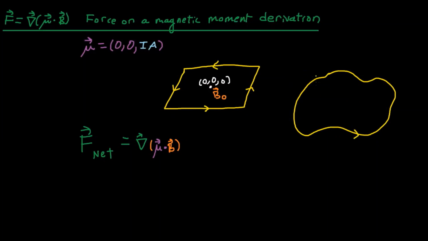To see why, imagine making a grid of tiny little squares inside of this wire, with a current I going around each tiny square loop.